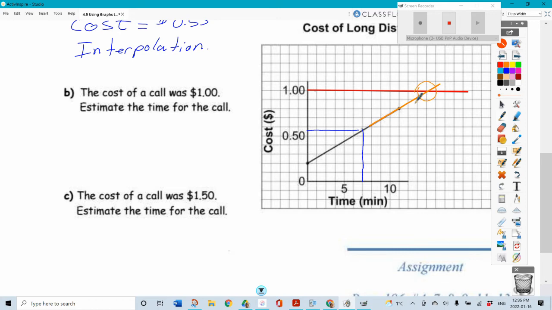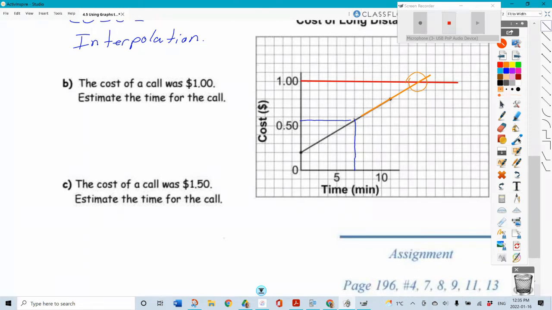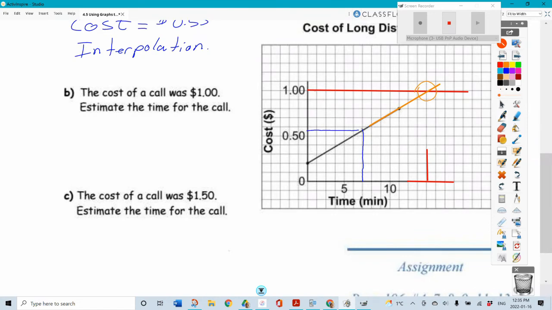I then need to extend the bottom of this graph just a small amount. So I'm going to extend this one over to here, and if I look straight down here, I can read a value. I've got 10, 11, 12, 13, so this is at 14.